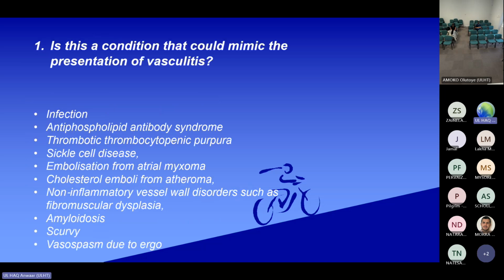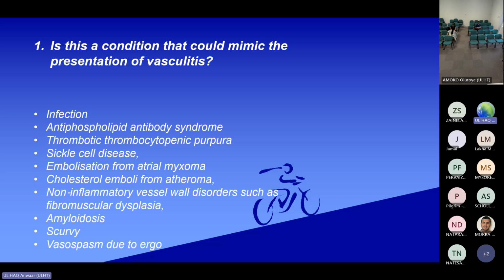So these are the common conditions that can also mimic the presentation of vasculitis. Infections, one of the major ones, are the bulk in A&E, where we admit many patients with different kinds of infections. Antiphospholipid syndrome has recurrent thrombosis and sometimes can also present with bleeding. Thrombotic thrombocytopenic purpura, TTP, also presents with petechial hemorrhages and thrombocytopenia.